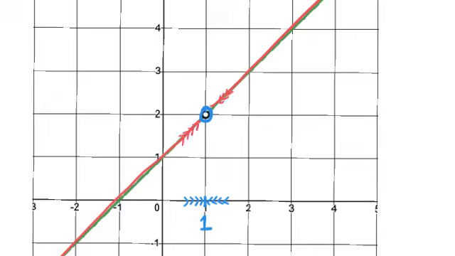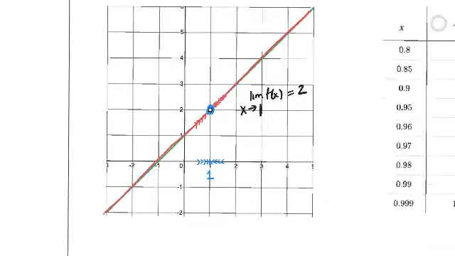As the x values get closer and closer to 1, we're trying to see, is there a y value that we get closer and closer to? And you can clearly see that that y value that we get closer and closer to is 2, right? So we can conclude from this that the limit of f of x as x approaches 1 for this particular f of x, that y value that we get closer and closer to as x gets closer and closer to 1, is equal to 2. Okay, so graphically, that's what's happening.